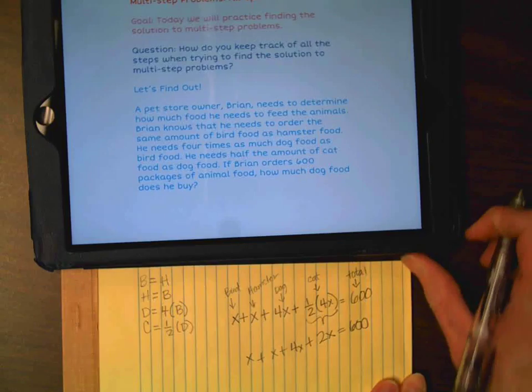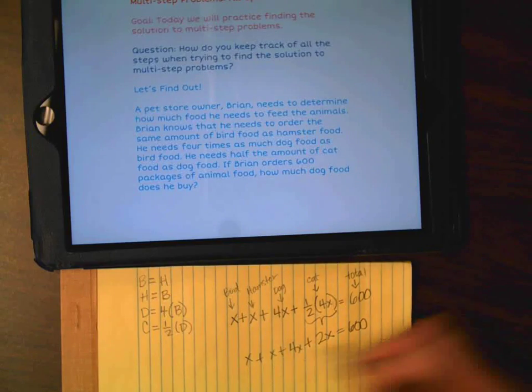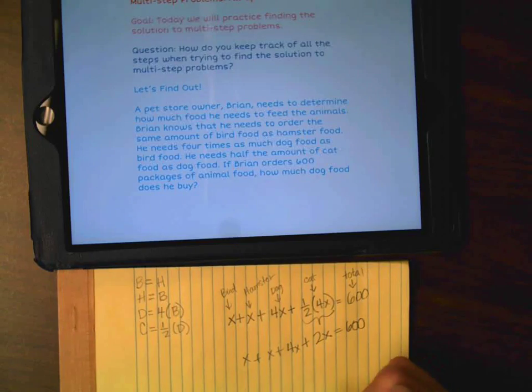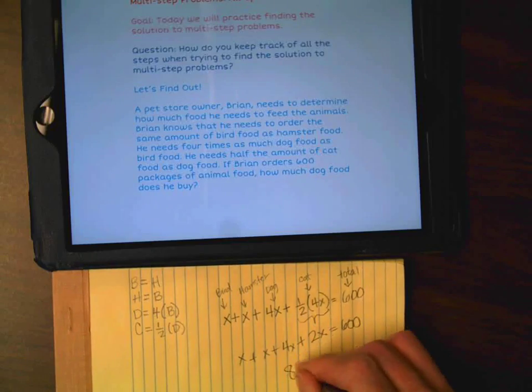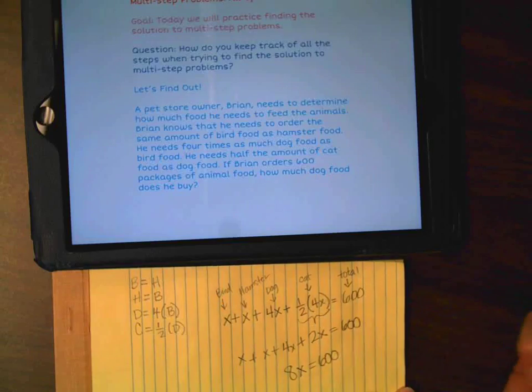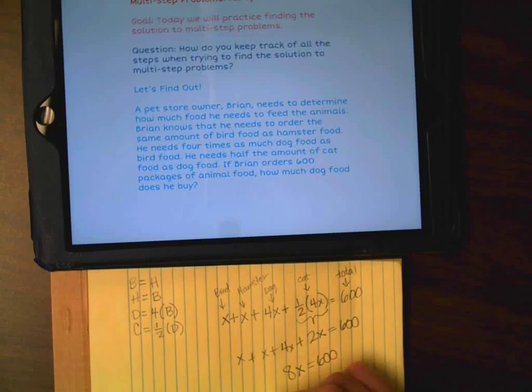Now we have to keep combining because we have all of these x's. So I have 1x here, 1x here, 4x's here, 2x's here, and 600. So if we're counting all of our x's, we know that we have 1, 2, 3, 4, 5, 6, 7, 8. So I see, looking at all of this, I see 8 x's, and they all equal 600. Okay, well now this looks like your tape.